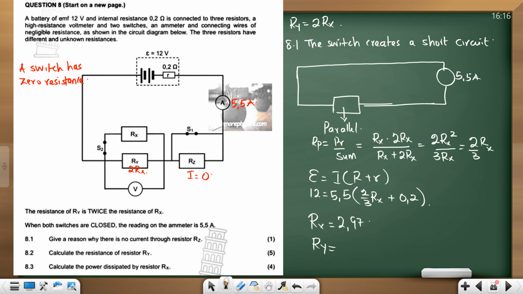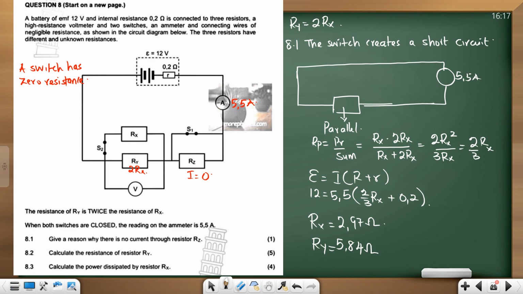Now remember, what is Ry? That's what we are looking for. We said Ry is 2Rx. What are we going to get? We have 4 there, 9 here would give us 8. And that would be what? 5,84 ohms. Do we agree with the calculation? Let me know. Give me a thumbs up. Do we agree with the calculation? Are you okay? Are we on the same page?